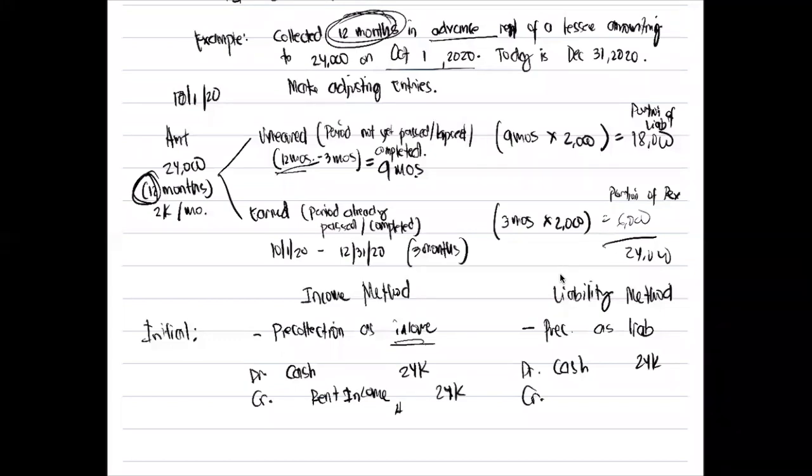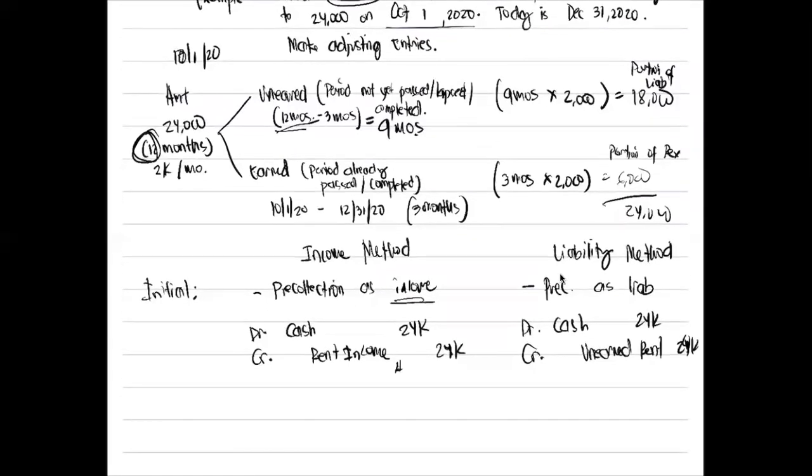Paano naman sa liability method? So it is initially recorded as a liability. So ano ang credit mo? Credit to unearned rent. Okay. So unearned rent is a liability account representing the unearned portion of a pre-collection. Okay, so ulitin natin guys ha.